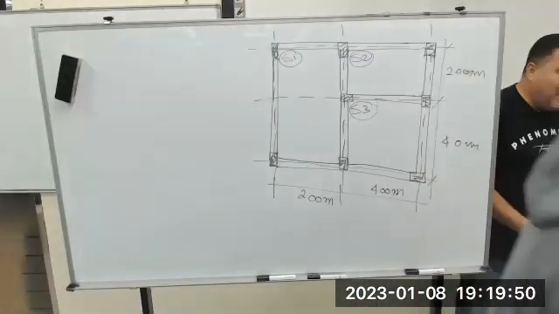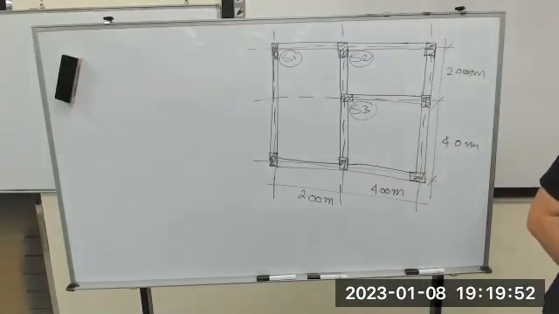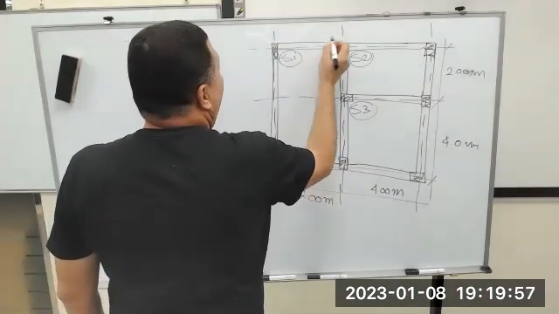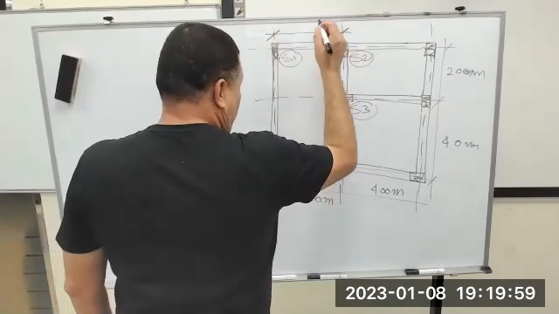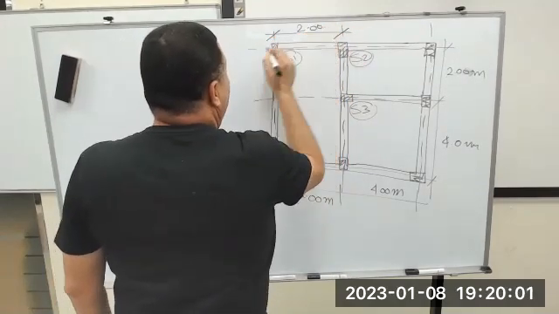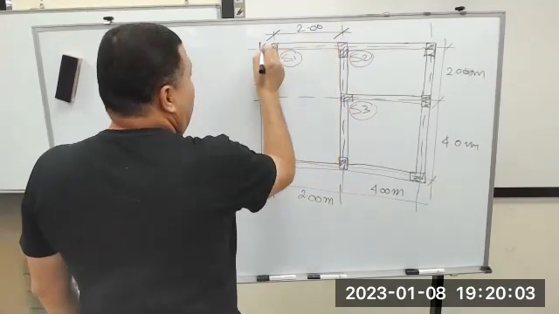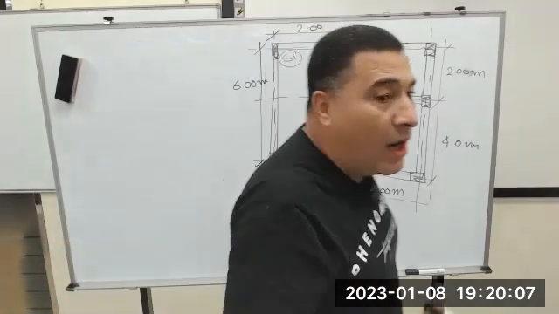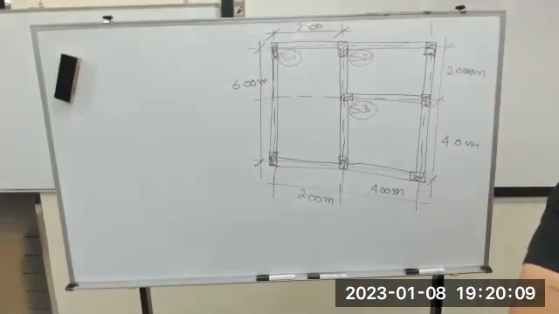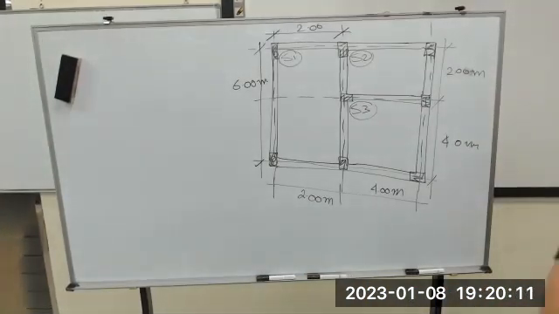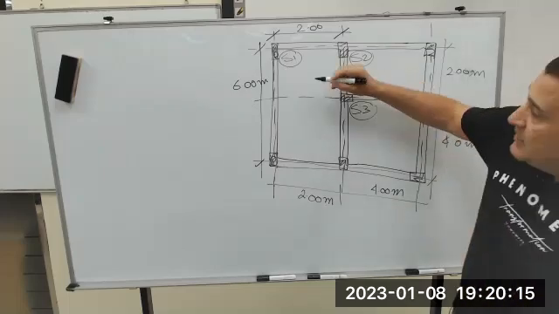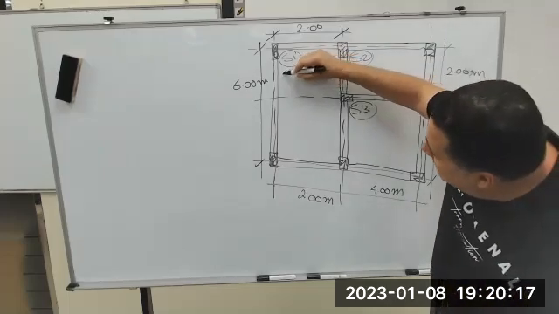So now if you have this 2 meters and the total length here is 6 meters, 100% the load will go in the short direction. What is the short direction? Short direction means the load will go in this direction.